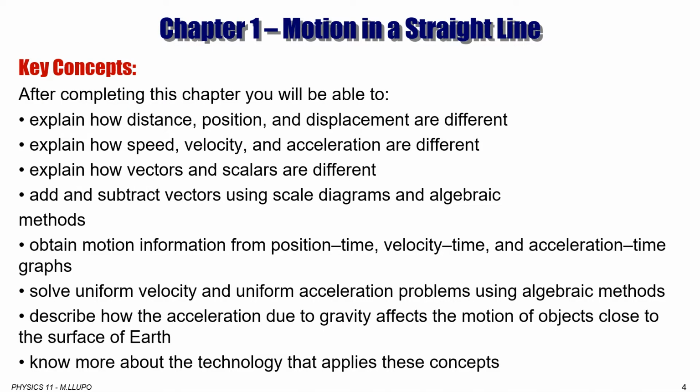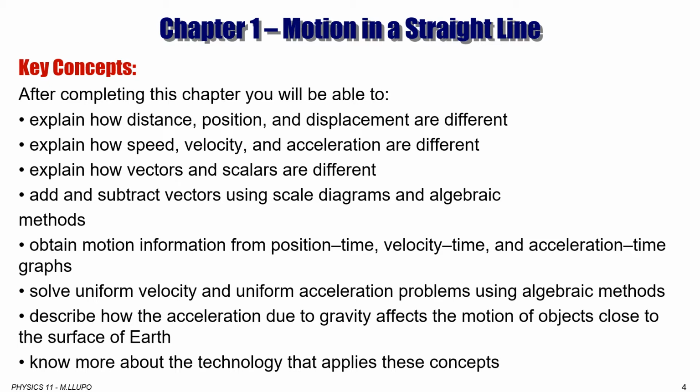Here are key concepts of chapter 1, motion in a straight line. Explain how distance, position, and displacement are different. Obviously, distance is a scalar quantity and position and displacement are vector quantities. And we're going to talk about vector and scalar quantities, how they are different.